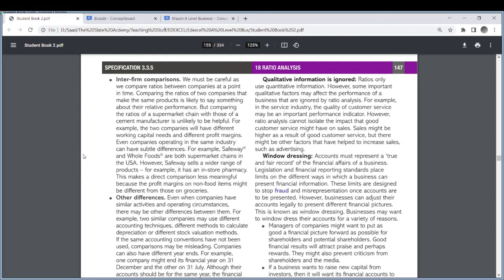Easier in the sense that the technicality of the concepts taught in Edexcel is a slight bit lower than that of Cambridge. For example, these ratios they study in AS.